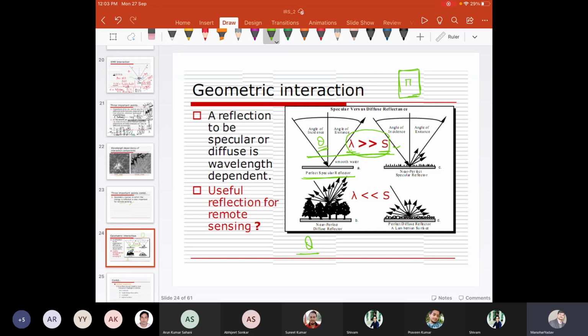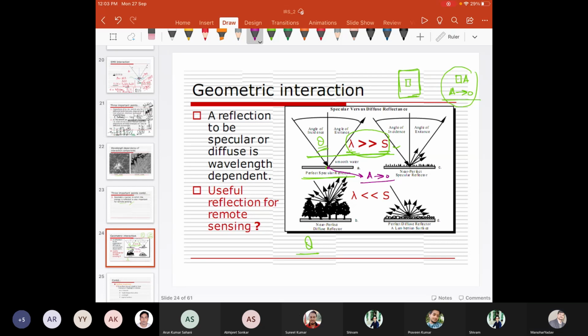Let's say this is the interaction point, and it has area A. When we say A tends to 0, it means now it is a point. So this interaction point, A tends to 0.